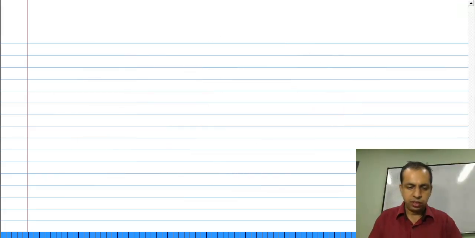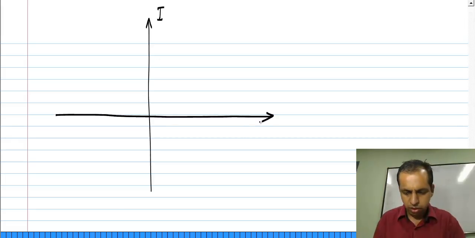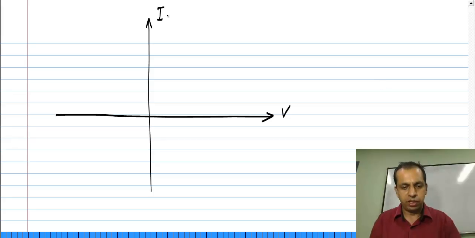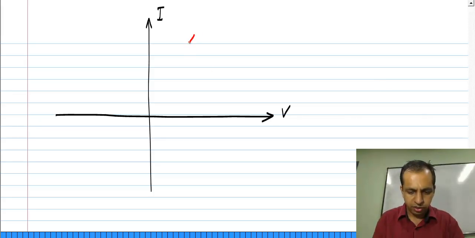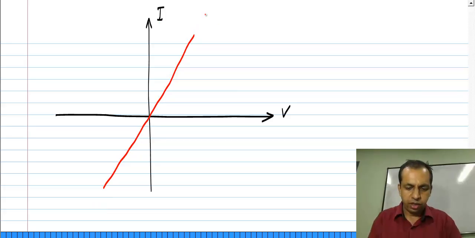We can also see graphically, if I plot the IV characteristics of a resistor, this we have done earlier while discussing resistance. Now, whatever the value of the resistor, the curve is always a straight line with a positive slope. Again, I am considering the resistance to be more than 0.